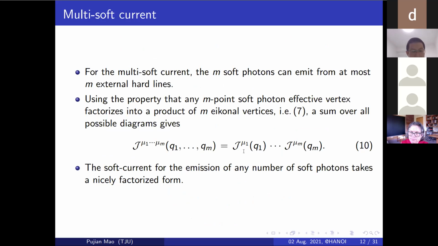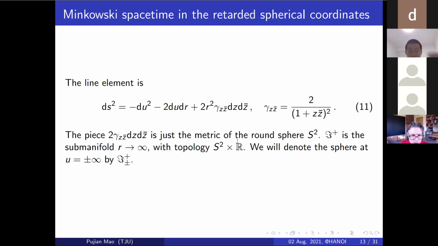And then the next step is we want to show how this multi-soft photon theorem can be rewritten as a Ward identity of asymptotic symmetry. Let me just review a bit the single results.